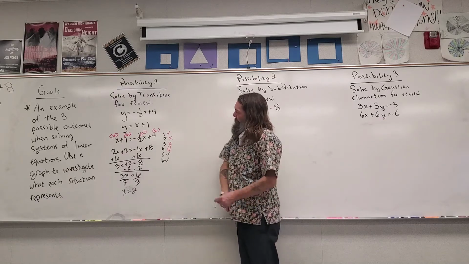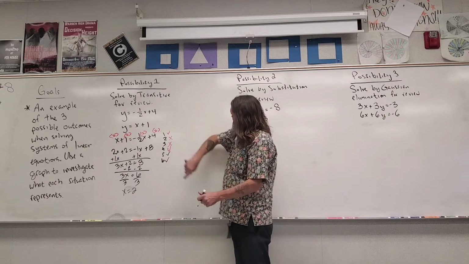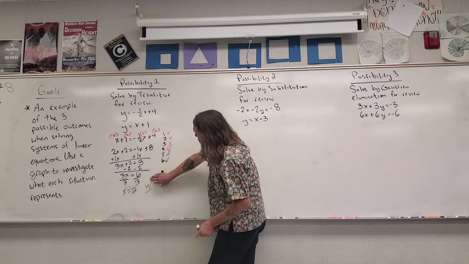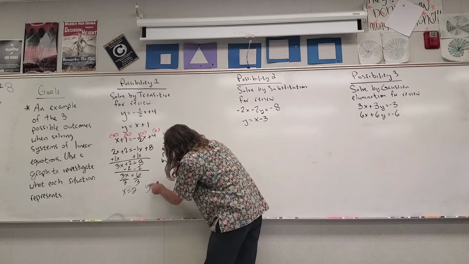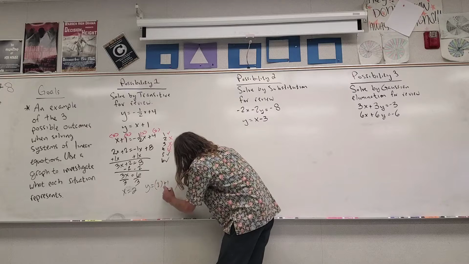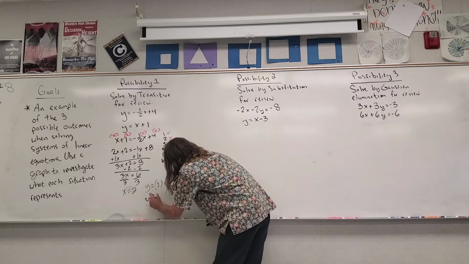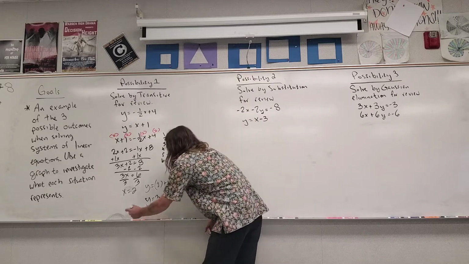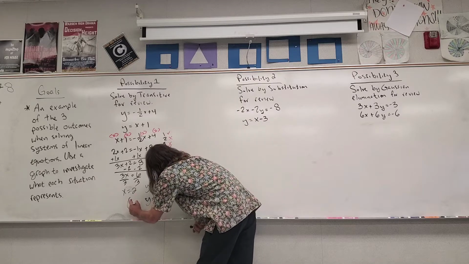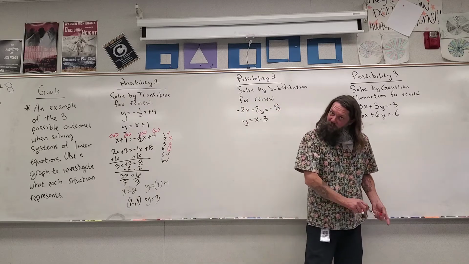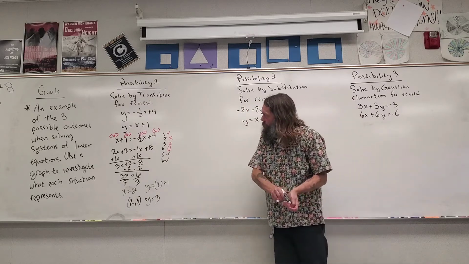I like the first or the second equation because there's no fraction, so y equals 2 plus 1, which means y is going to equal 3. So my solution, or where these lines cross, is (2, 3). I would like to graph this to show that this is in fact where they cross.